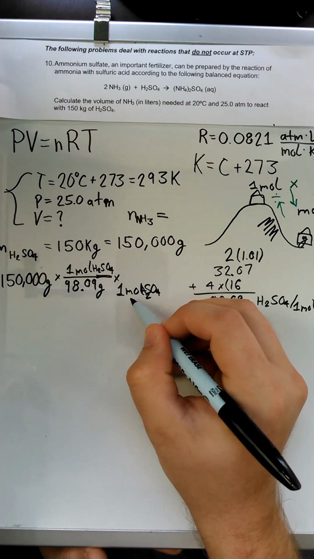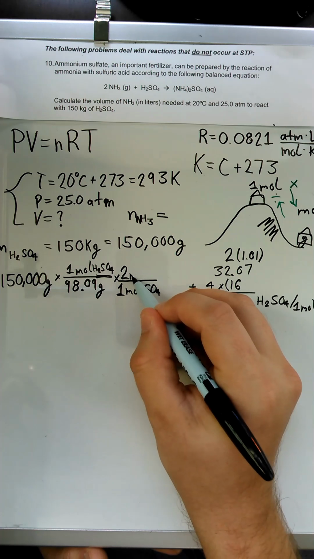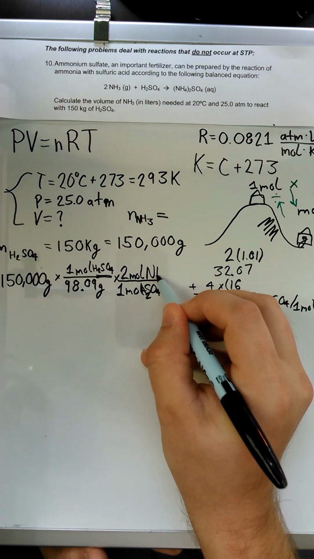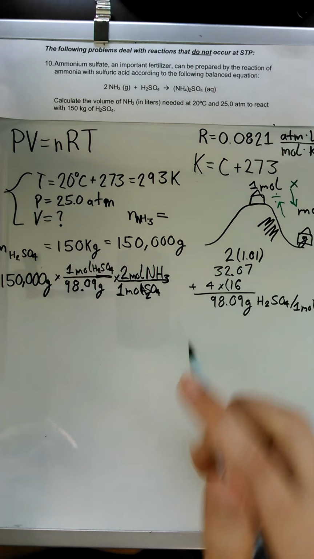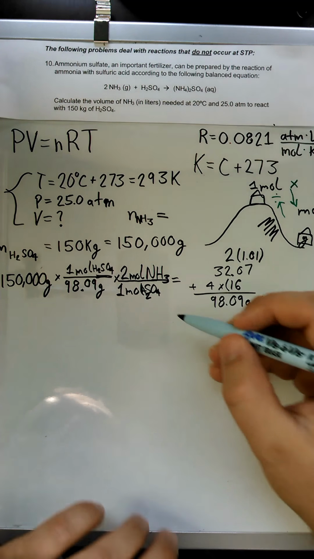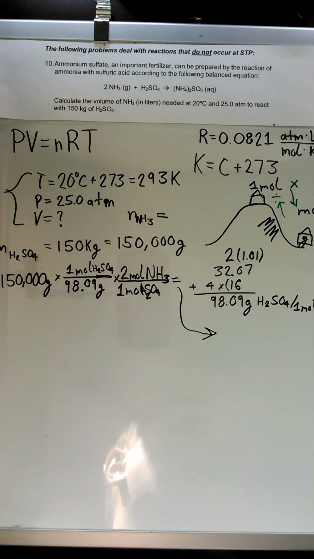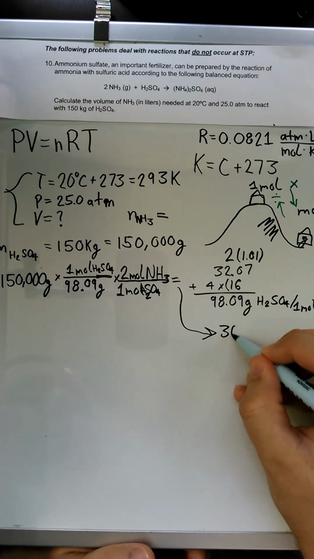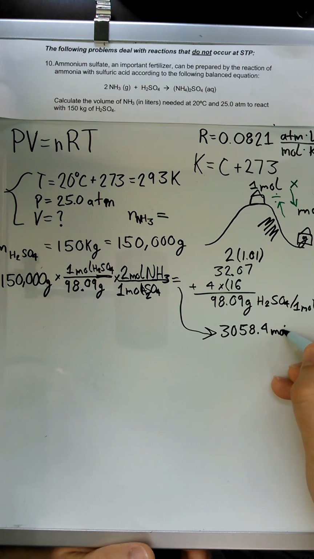For every 1 mole of H2SO4 consumed, we're consuming 2 moles of ammonia, NH3. Alright, so when we multiply across, we figure out that we have 3,058.4 moles of ammonia, NH3.